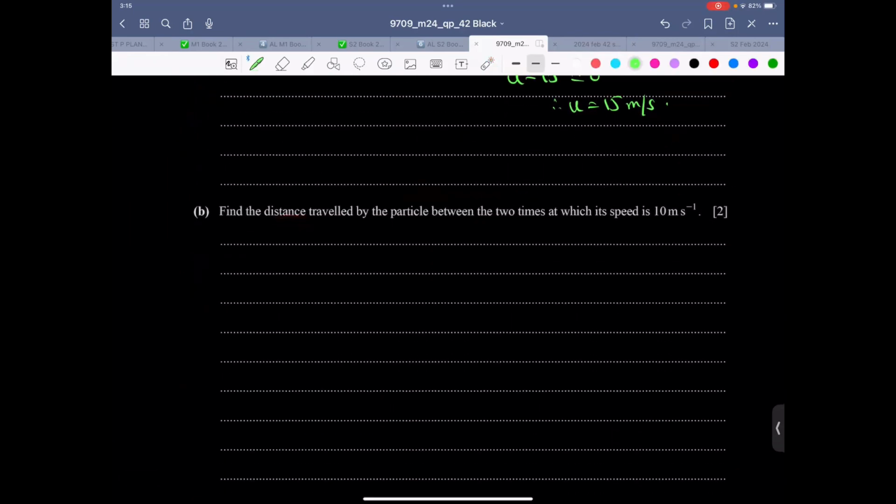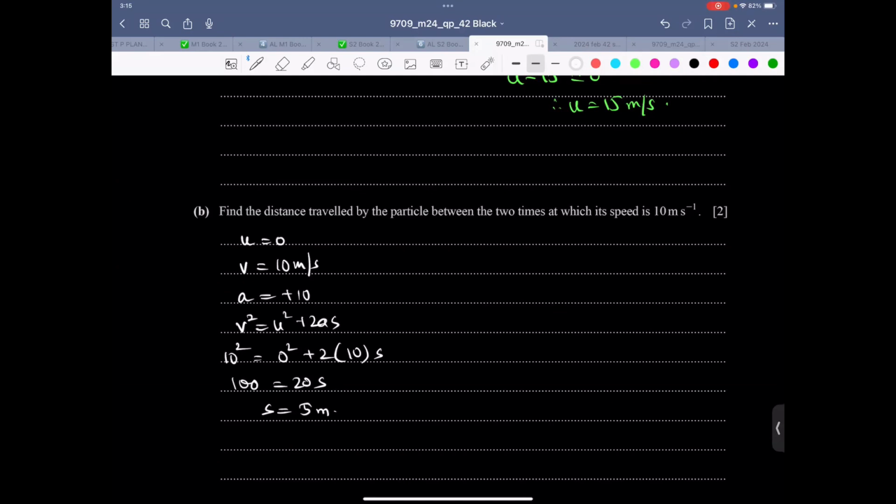So now let me write u as 0, velocity as 10 meters per second. u is the initial, v is the final, a is plus 10. And let me write v square is equal to u square plus 2as. So this is 10 square, this is 0 square, this is 2 into 10 into s. 100 is 20s, therefore s comes out to be 5 meters.